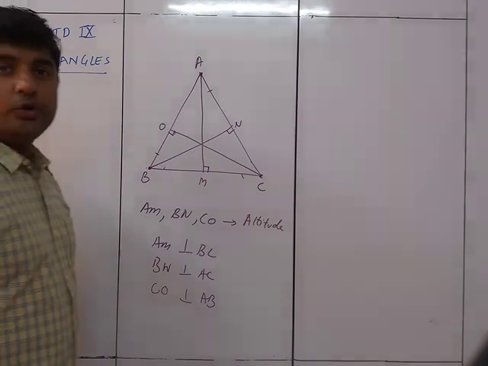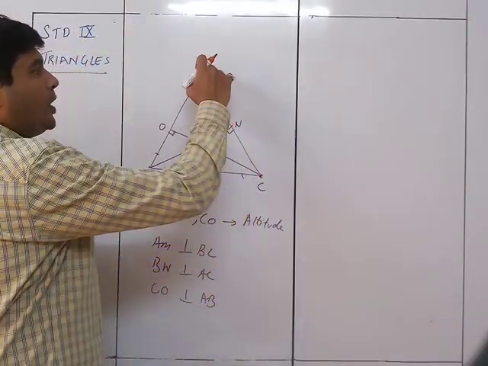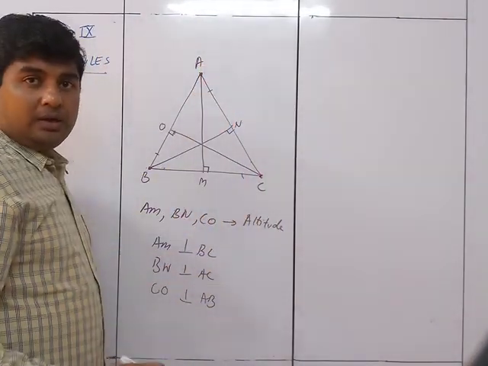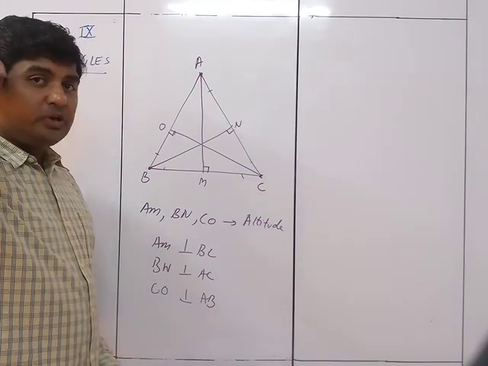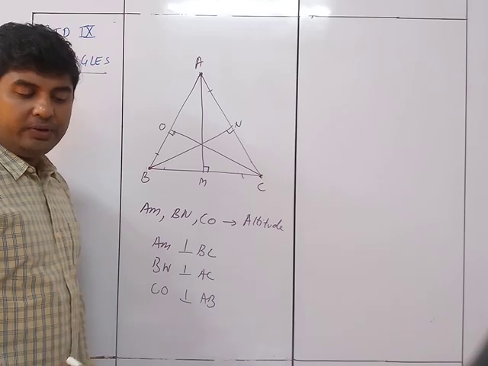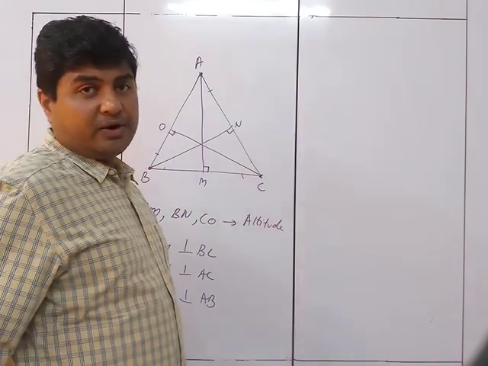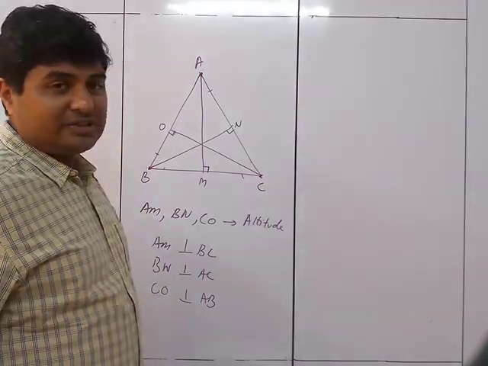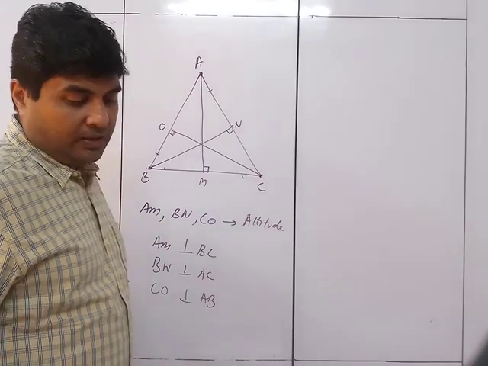So what is the altitude? The perpendicular drawn from the opposite vertex to the side is called the altitude.